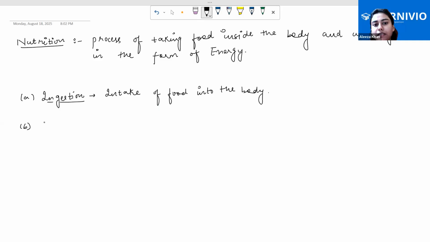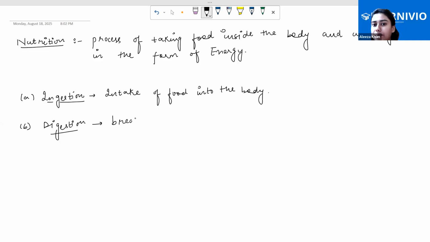Now, the food has gone into your body. The second step which takes place is digestion. What happens in digestion? The food gets digested. So, what do you mean by the term digestion?